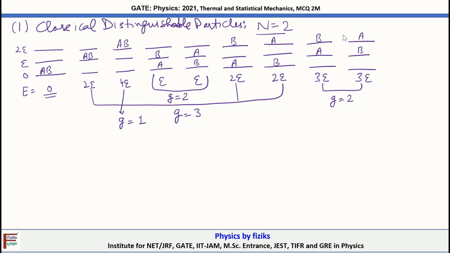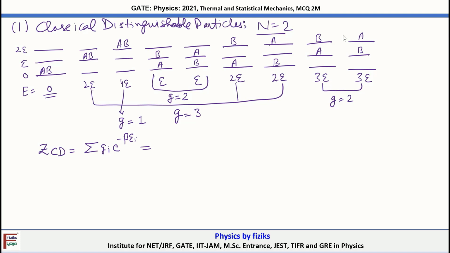Now we can write the partition function for this system. The partition function will be Z classically distinguishable, so I am writing CD here. This will be the sum over all energy states, Gi exponential minus beta Ei. First of all I start with the microstates with energy 0.